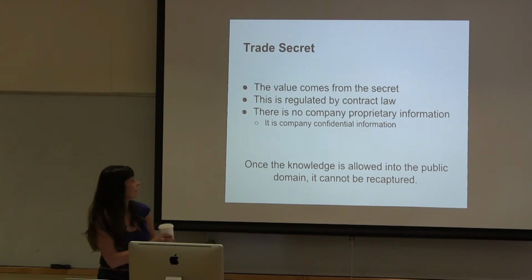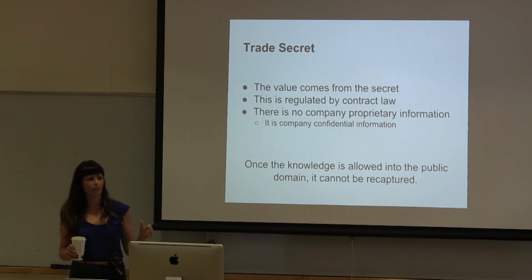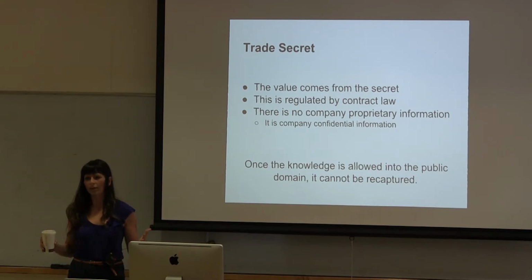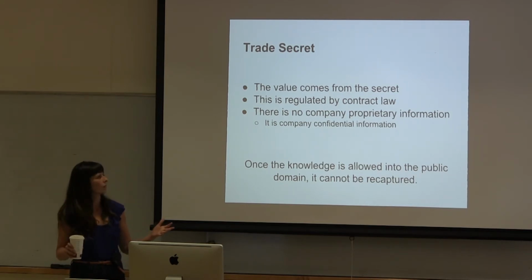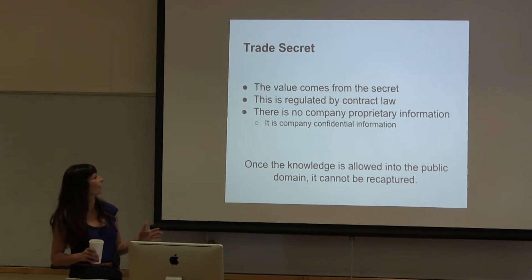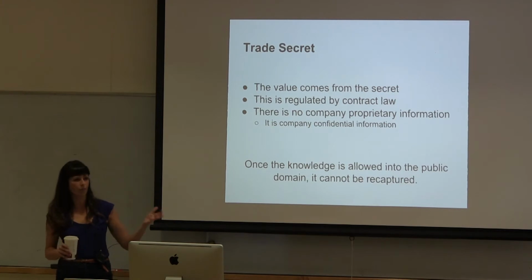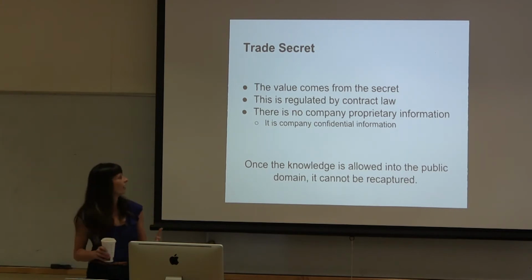So trade secret, and I'm going to just give this very, for a lawyer, this is going to be a problematic overview, but it's just a generalization so that we can kind of get the idea of these forms of IP. But the value comes from trade secret in keeping the secret. So this is a contractual thing.